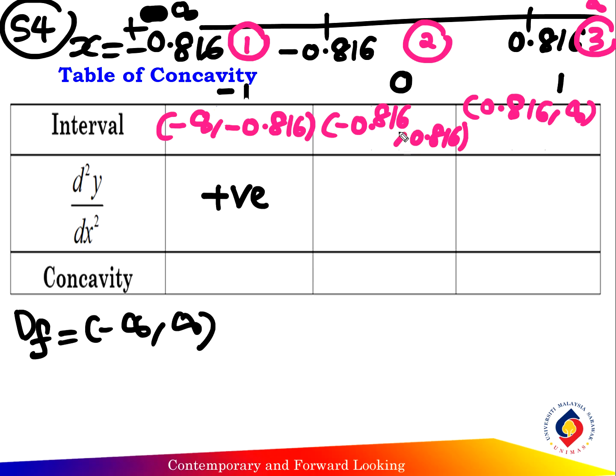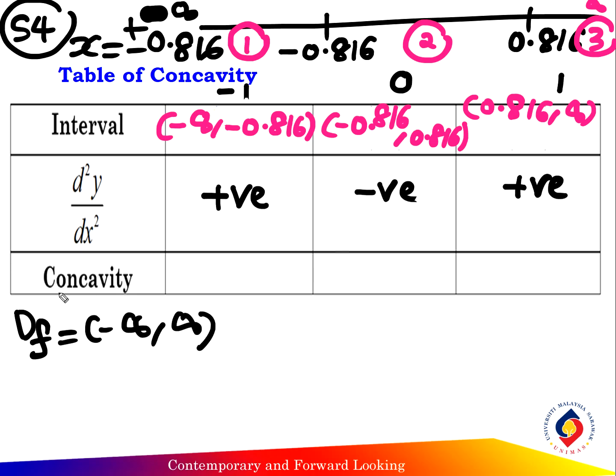And the second interval, between negative 0.816 and positive 0.816, the nearest value here, you pick 0 and substitute into the second derivative. So the sign here is negative. And between 0.816 and positive infinity, the nearest value here is 1, and the sign here is positive.